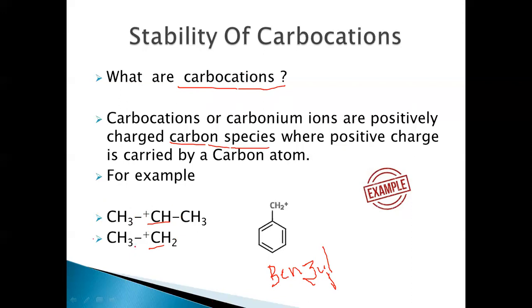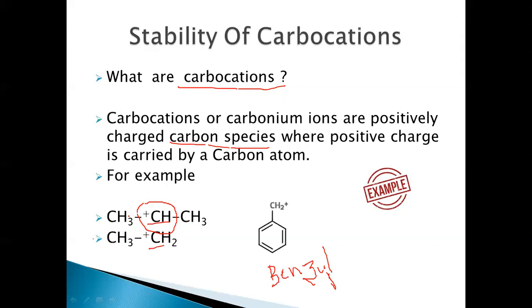These carbocations are stabilized if the positive charge on the carbon species is shared by the adjacent groups. If the adjacent groups share the positive charge on the carbon species, then it will get stabilized. The more the number of groups which can share the positive charge around this carbon species, the more stable it will be.